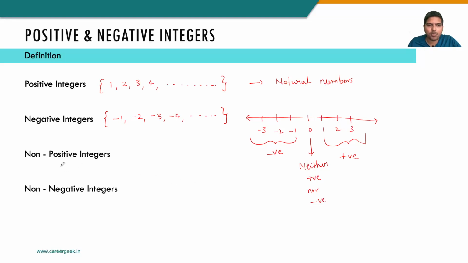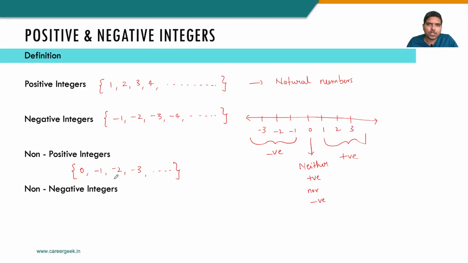Now, what is non-positive? We have seen the numbers can be divided into three types: positive, negative, and neither. Non-positive is something which is not positive, right? So it will include 0 and negative. Remember, this is important.